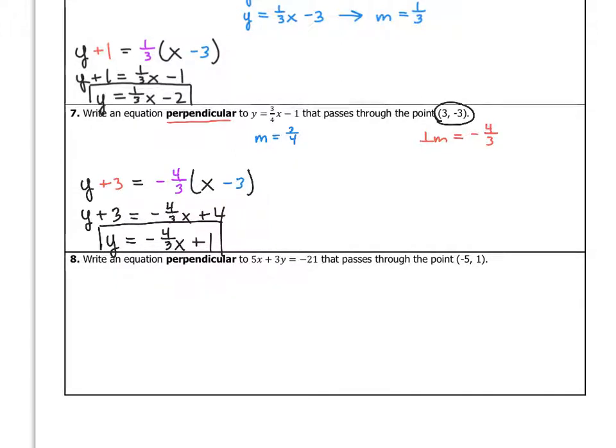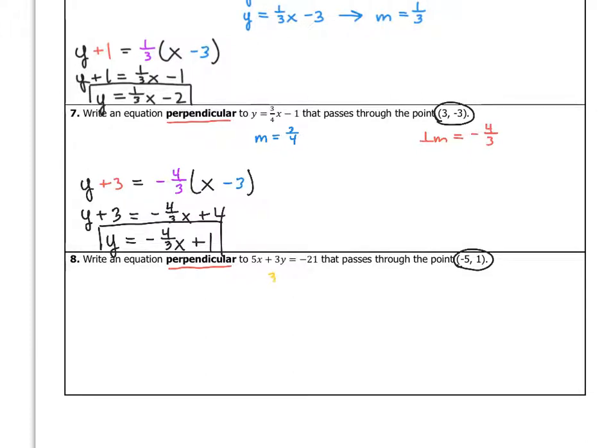Okay, for our last problem, we're asked to write an equation, again perpendicular, to the line 5x plus 3y equals -21 that passes through the point -5, 1. So we have our point, we need to find our slope, so I need to first change this equation into slope-intercept form.